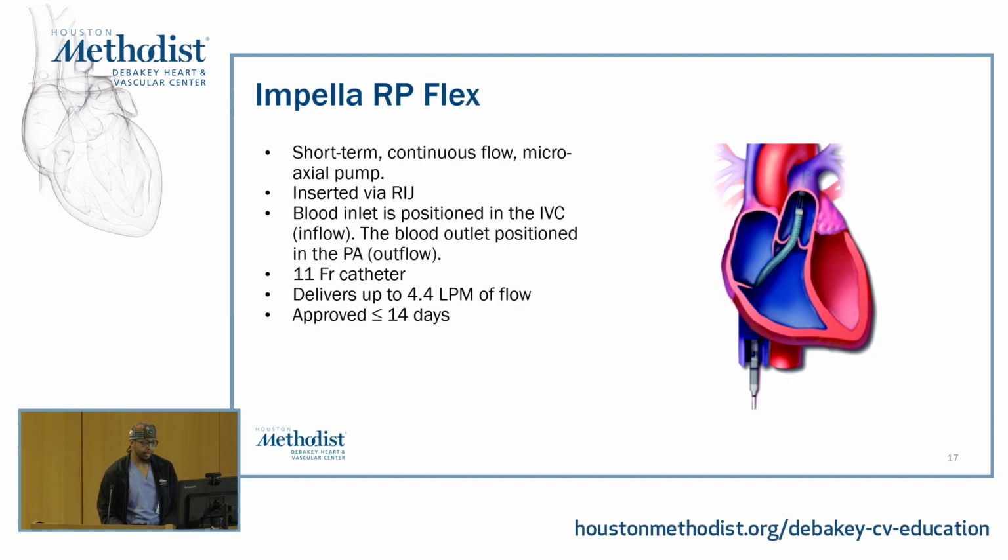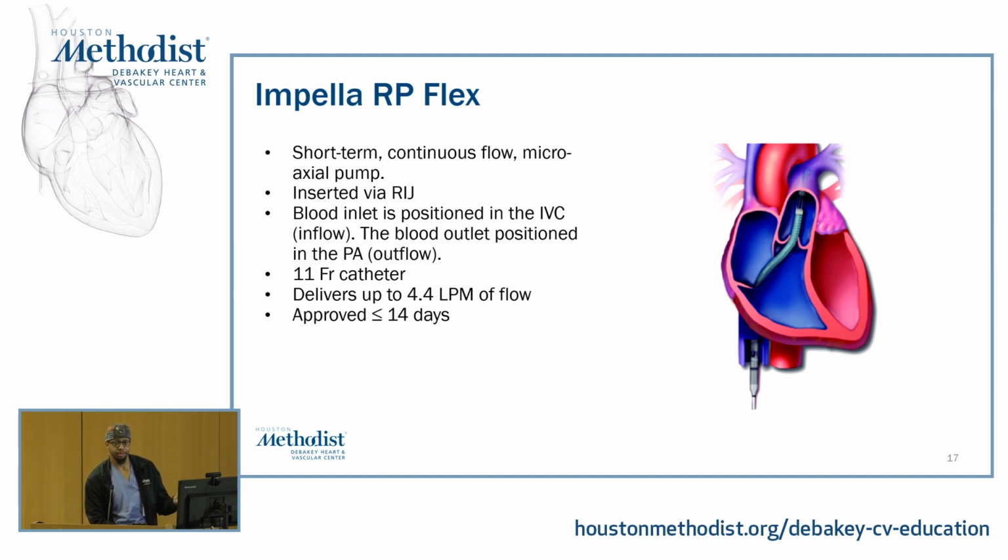The RP Flex, as you can see here, again, is another short-term pump inserted through the right IJ. The blood inlet is positioned in the IVC, the outlet in the PA. This one can give you up to 4.4 liters and can be used for up to 14 days.